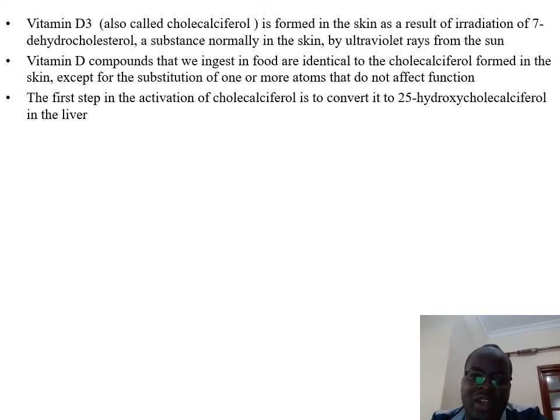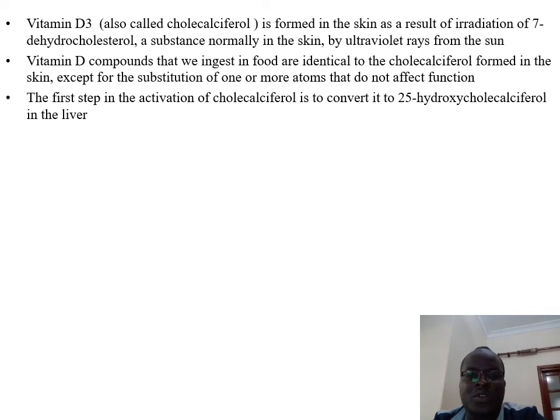So under the skin you have cholecalciferol, and you need the ultraviolet rays to convert it.